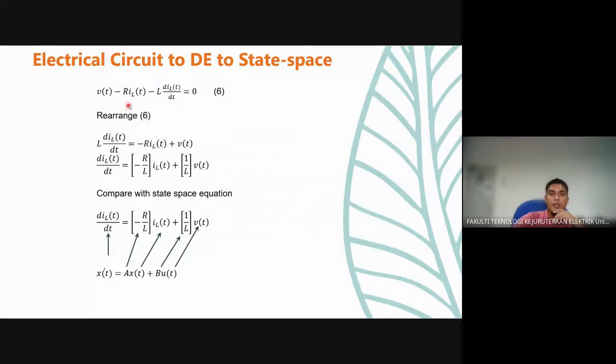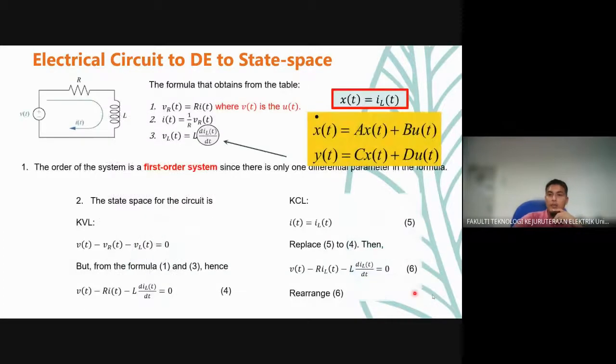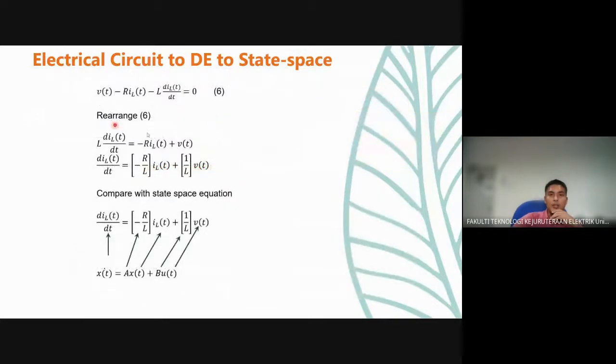This is based on equation number 6. Then we try to rearrange equation number 6, so we just put it in order: L dILT over dt equal to negative R ILT plus Vt.